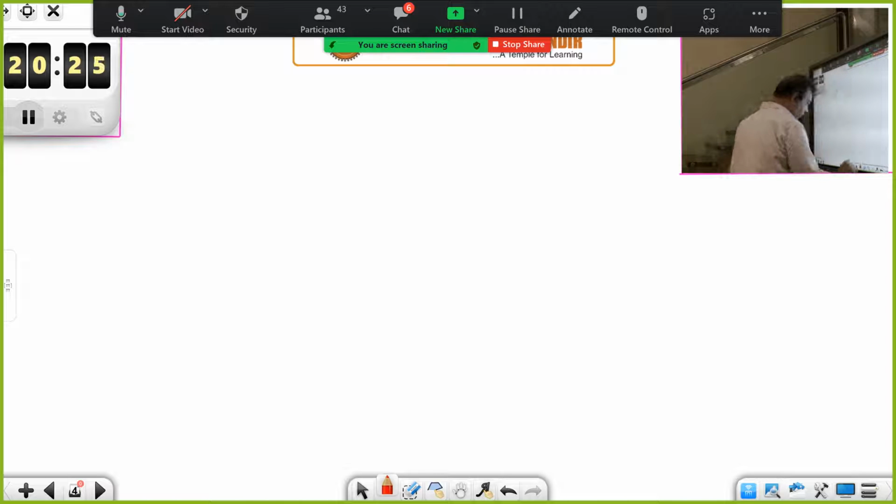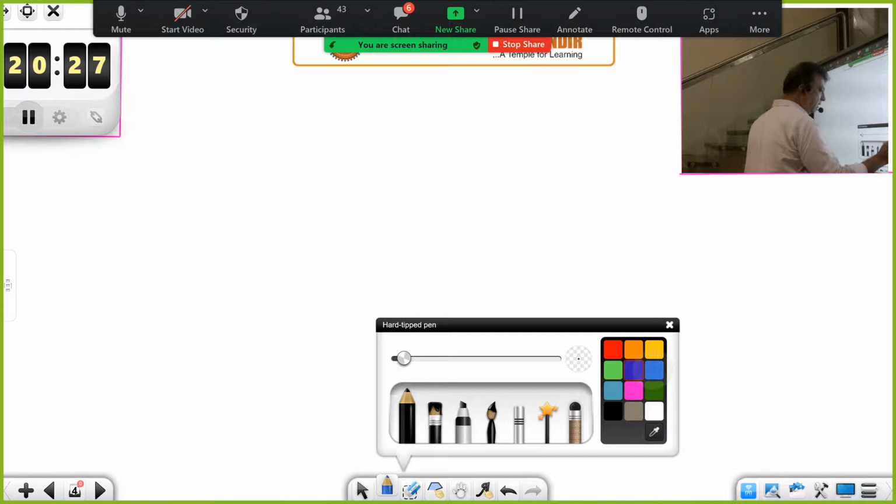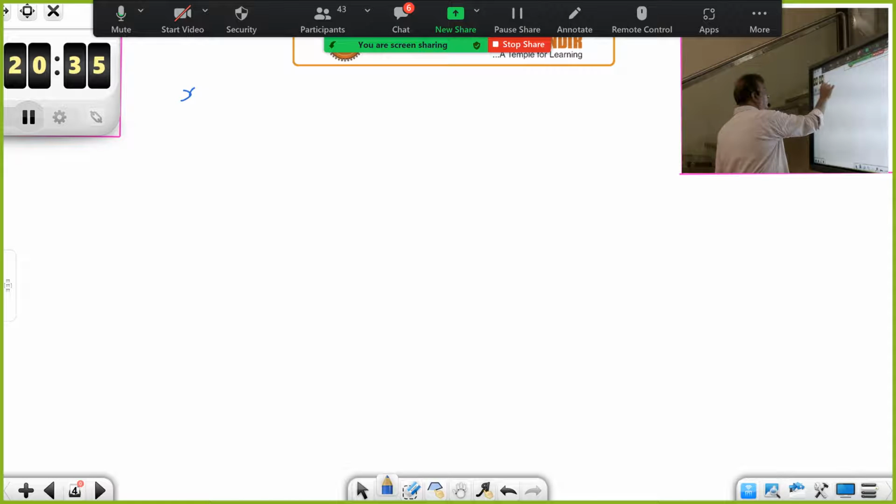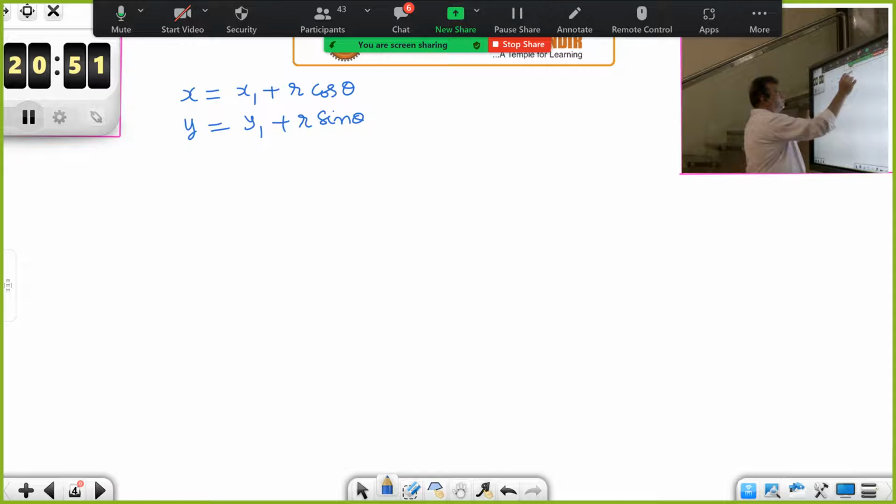Now Tanmay, what are the formulas we have derived? Tell me. What are the two formulas? X equal to x1 plus r cos theta. Second formula, y is equal to y1 plus r sin theta. Okay. Now from the first equation, can I write x minus x1 is equal to r cos theta? Yes, sir.